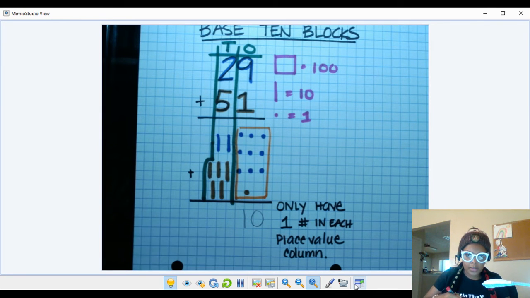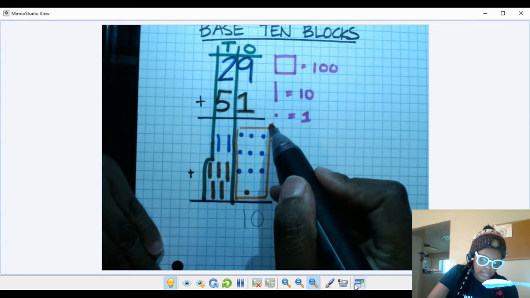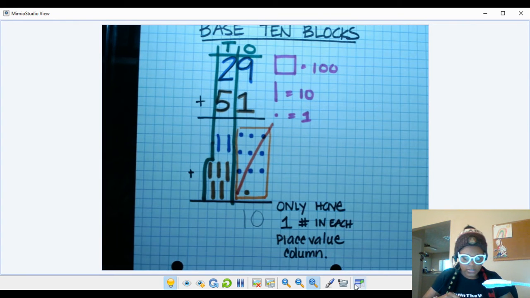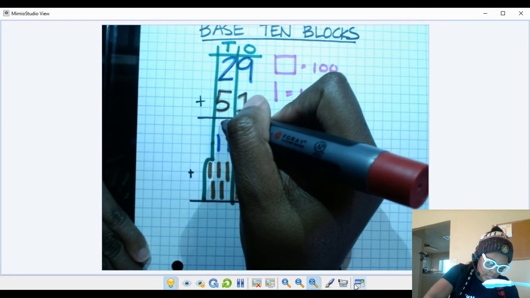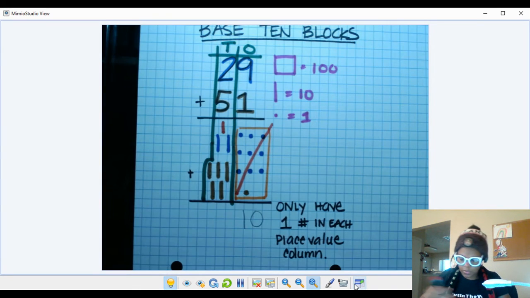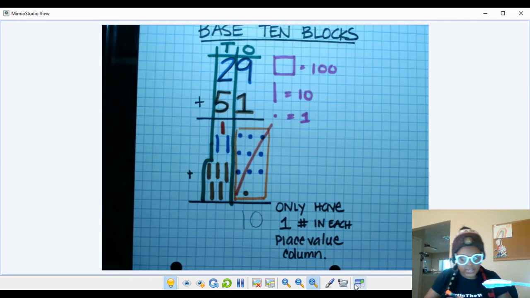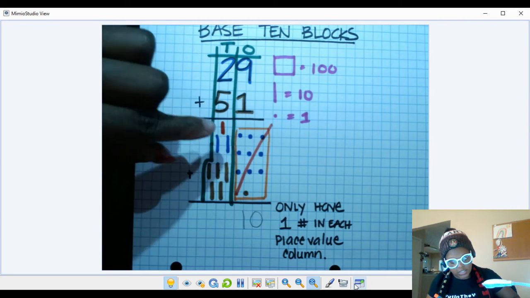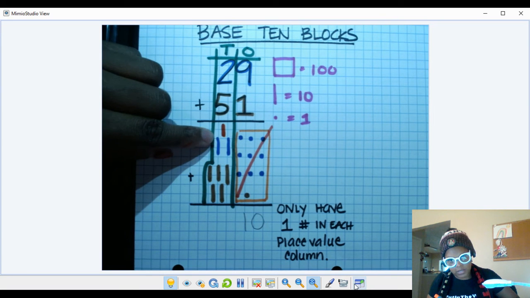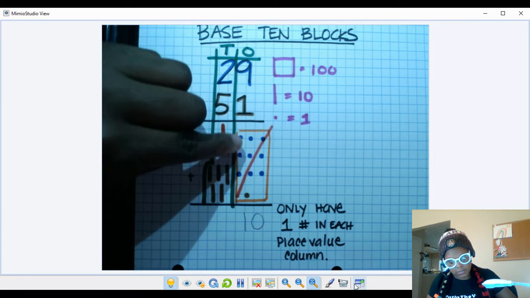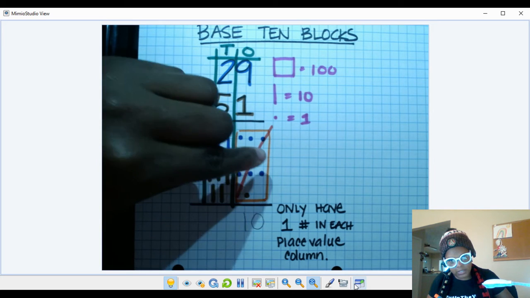How do we do that? We're going to cross these out and we're going to add a 10 to this column. Oh, I put it in red. I meant to put it in orange. So now our 10 ones is now 1 ten base block. Now we're going to look in our ones column and count how many ones we have left.